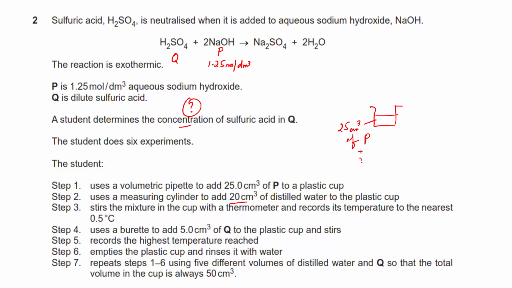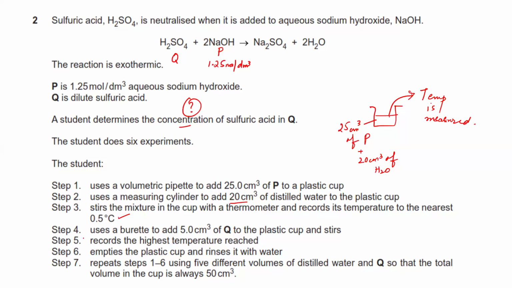So then it adds 20 centimeter cube of water. It stirs the mixture with the thermometer and records the temperature to the nearest 0.5 degree centigrade, or basically the temperature is measured.